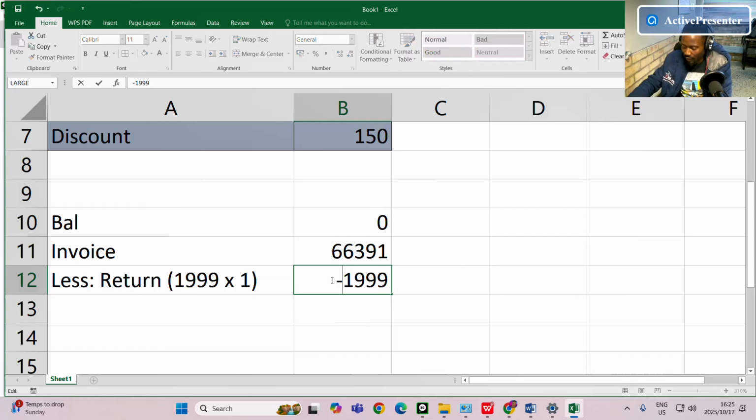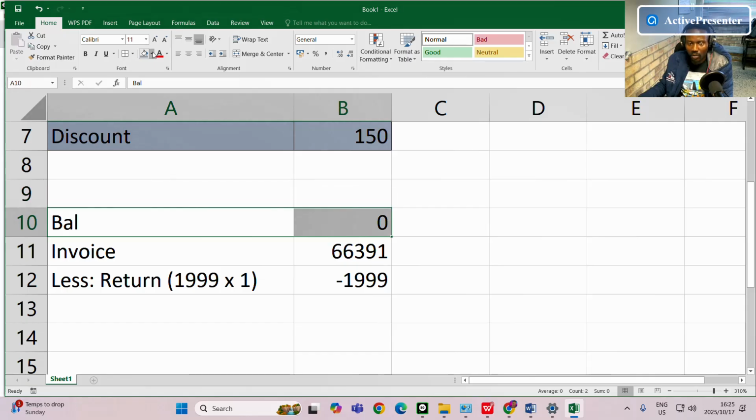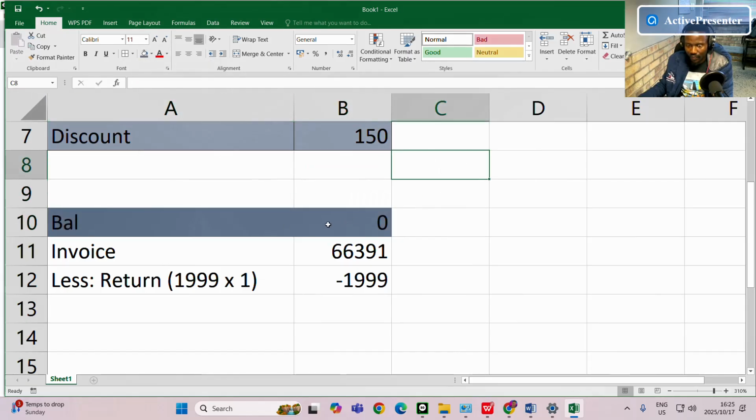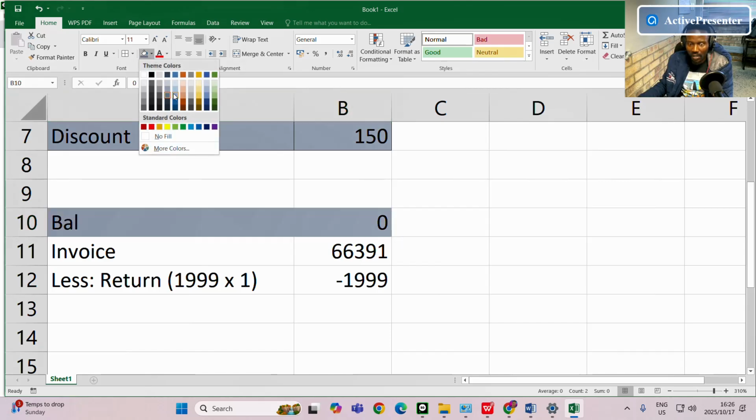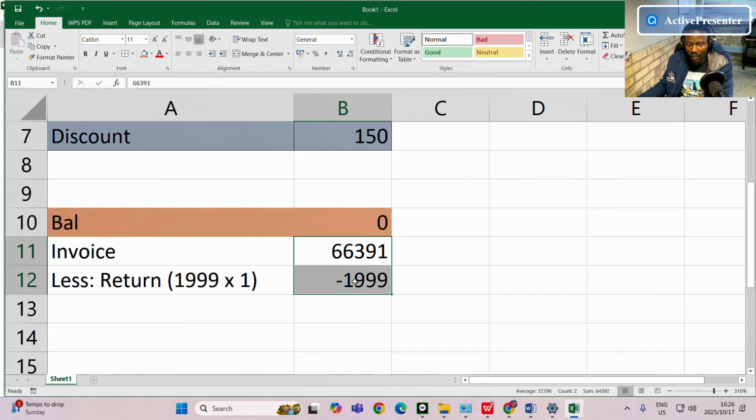Has to be negative because I'm actually lessing this. So I avoid this when I'm doing this calculation. I avoid this. I will actually consider it at the end. Okay, let me just avoid. So I'm only going to take this invoice less the returns.